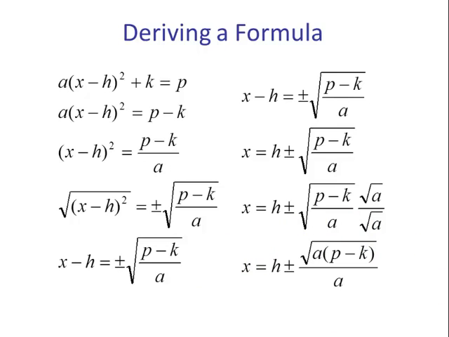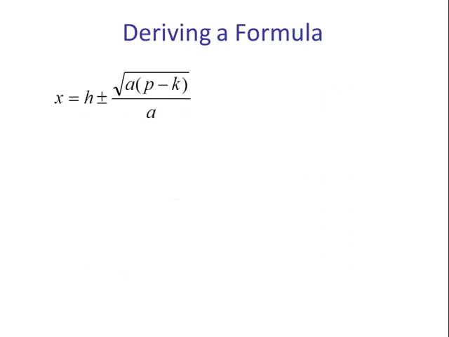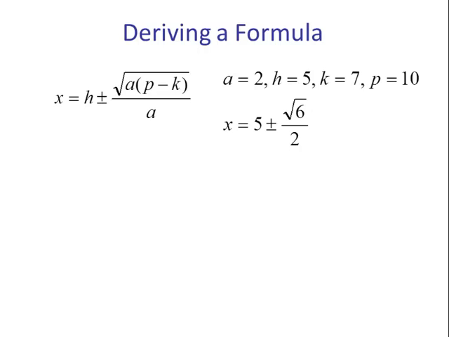So let's check this formula with our answer from number 1. Here's our formula. For problem number 1, a is 2, h is 5, k is 7, and p is 10. The answer we got was 5 plus or minus the square root of 6 divided by 2. So plugging in the values of a, h, k, and p, we have this expression.